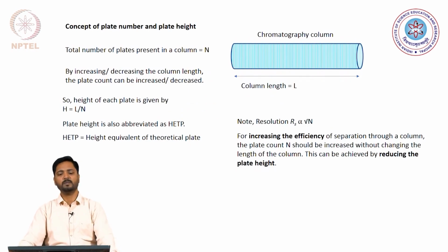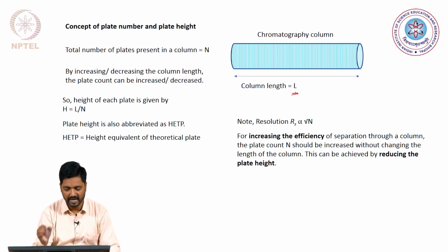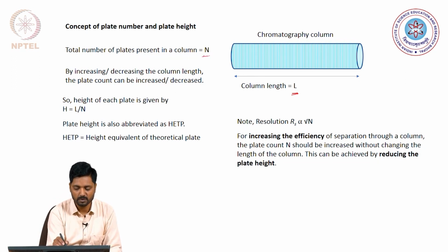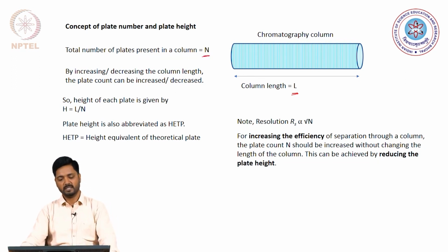This concept of plate number and plate height now comes into the picture. If we have a column of length L, we can describe that this column has, say, n total number of plates present in it. Again, these are imaginary plates.